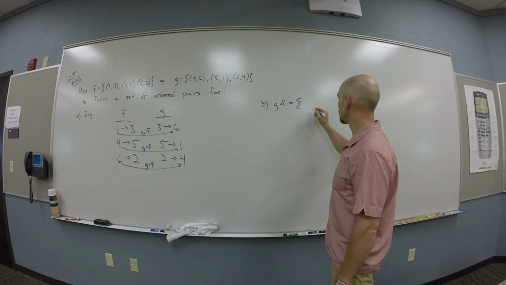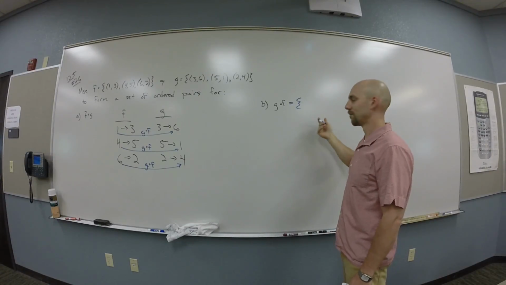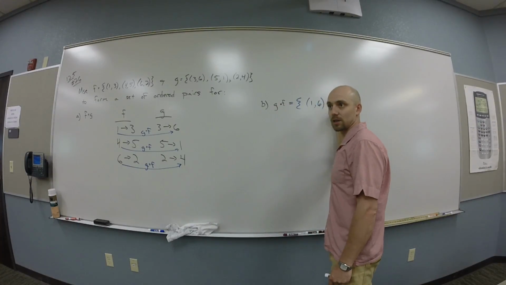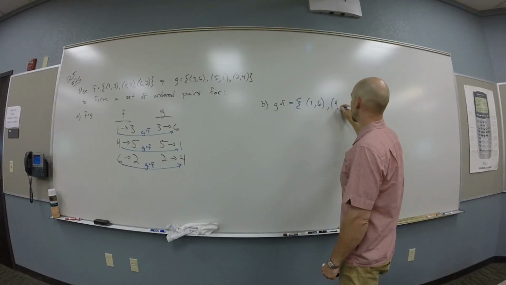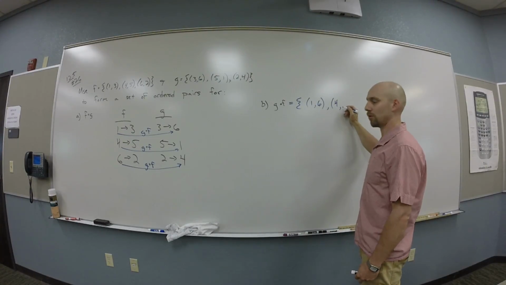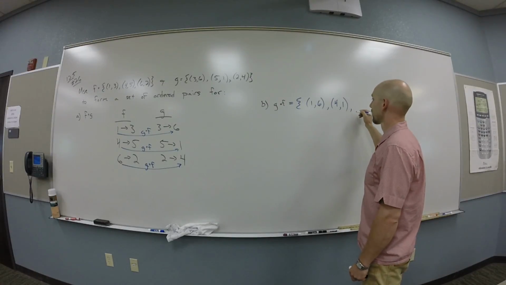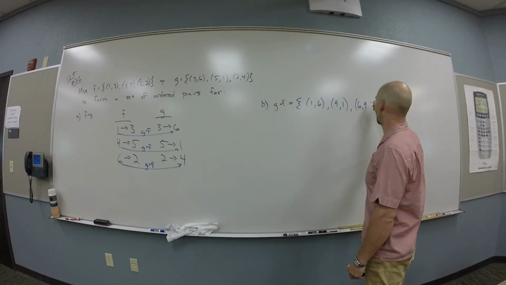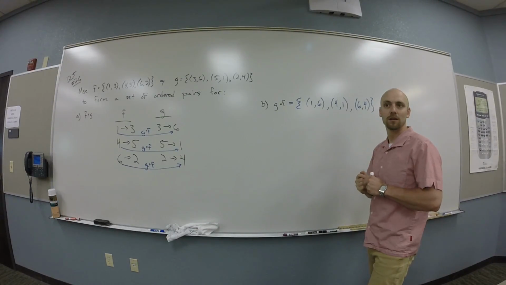Yeah, (1, 6). The input 1 goes to the output 6, and the input 4 goes to the output 1. Does it matter that it does so through 5? Do I have to write that down somewhere? Nope. And where does the input 6 go? 4. Perfect. So that's G composed with F.